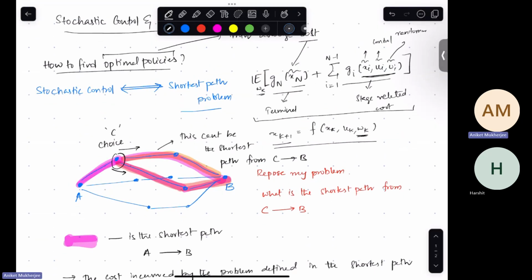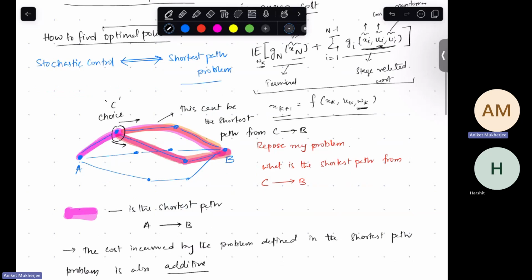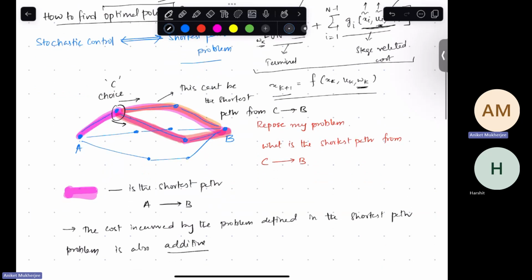As in the stochastic control problem, where you choose actions at each step, and based on those actions you get rewards. In the shortest path problem, you choose at each node which link you should travel, and based on that you get either a minimization of distance problem or a minimization of time problem. So you are either trying to minimize the distance you want to go from A to B, or minimizing the time that you want to go from A to B.